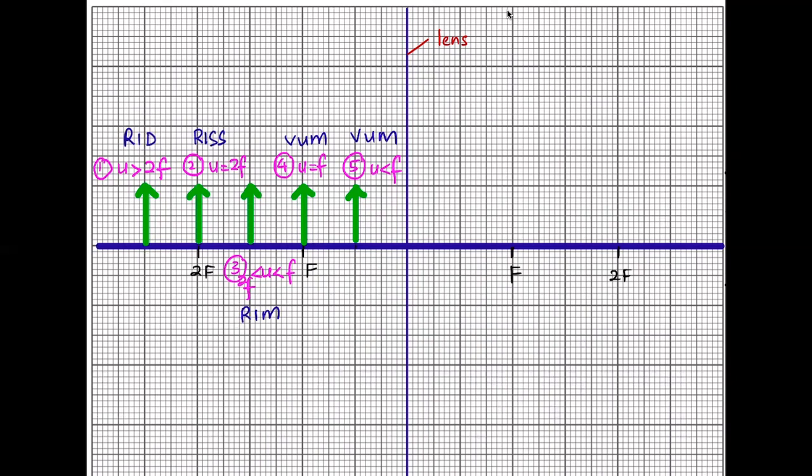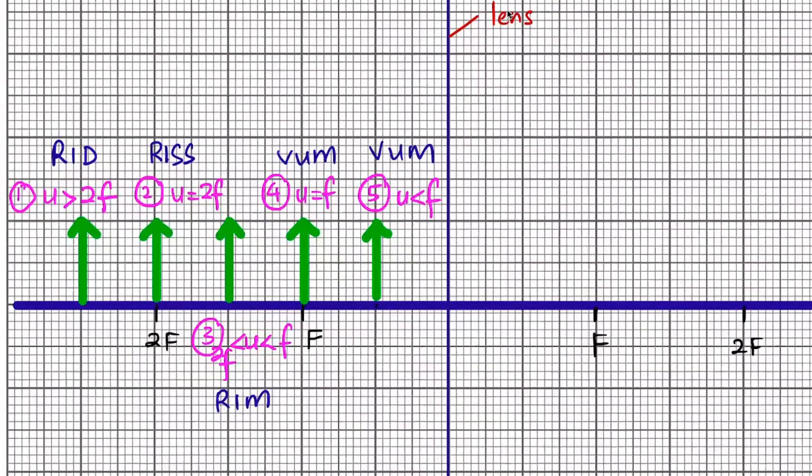So when you get this type of question in the exam, either in paper 1 or in paper 2, the first thing that you should draw is this: the position of the object, like what I have shown here with the 5 green arrows, and then the 3 characteristics of the image. So RIS, RIM, VUM, VUM. You remember that one.